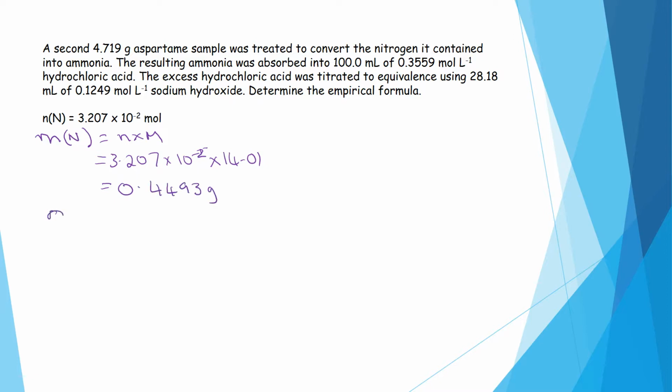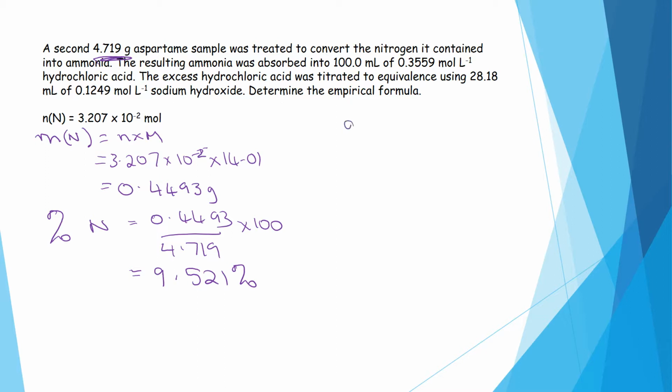So now we can find the percentage of nitrogen, which will be the mass, 0.4493, divided by the sample size, which is 4.719 times 100, and the percentage of nitrogen comes out to 9.521%.